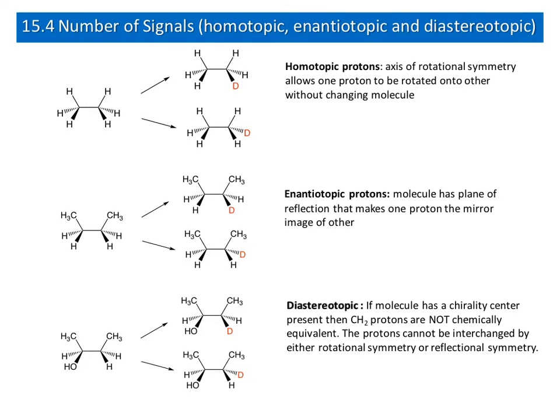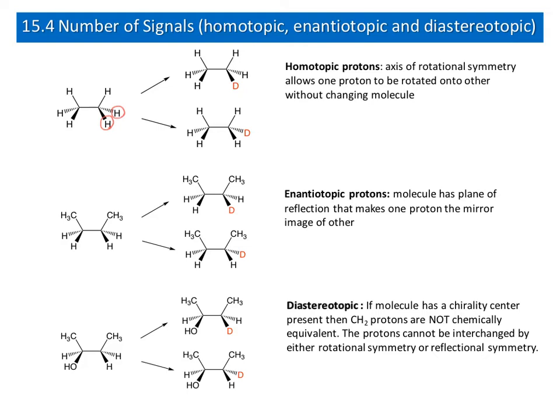Let's say we have an ethane molecule and we want to know what's the relationship between these two protons. So this proton and this proton. What we can do here, we can draw an ethane molecule again, and then replace each of these protons with another atom such as deuterium. We call this a replacement test.